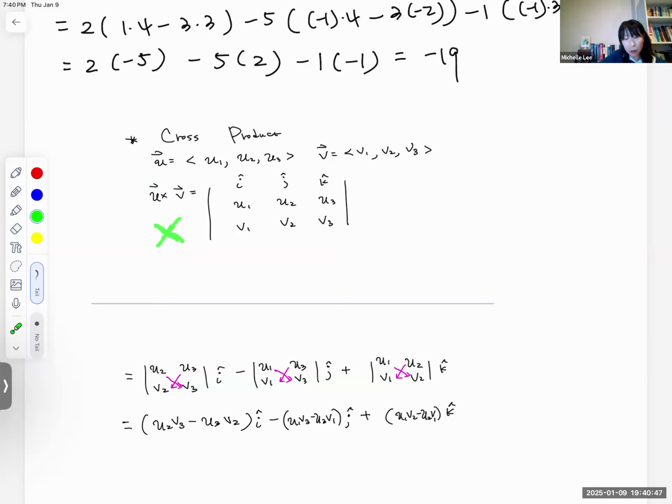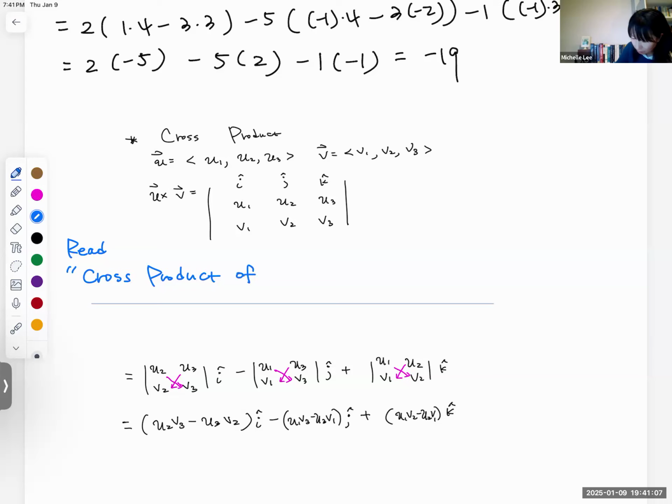So it's like a multiplication notation, but this is a cross product. So we can use cross product of u and v, with cross product of vector u and vector v, right?